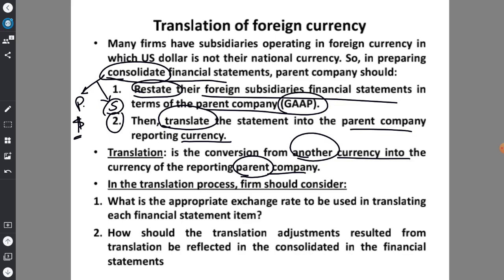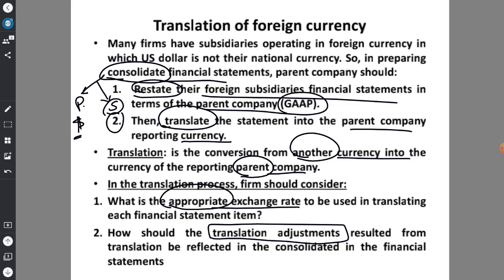First, what is the appropriate exchange rate؟ ايه هو الريت اللي هتستخدمه؟ وهنبدأ نقول ان each transaction I'm going to use different exchange rate. And how to report translation adjustment. ايه بقى translation adjustment؟ يبقى هنحط I should consider 2 important points when making a translation. First, what exchange rate I should use. Second, how to report translation adjustment.